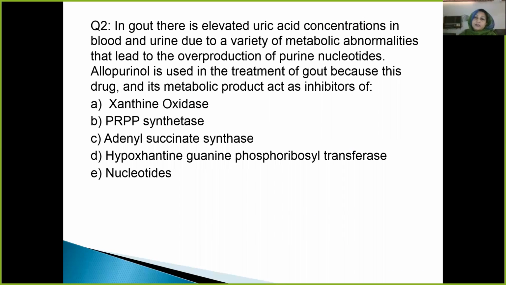Allopurinol is used in the treatment of gout because this drug and its metabolic product act as inhibitors of which enzyme: xanthine oxidase, PRPP synthetase, adenylosuccinate synthase, hypoxanthine guanine phosphoribosyl transferase, or nucleotidase? Xanthine oxidase.